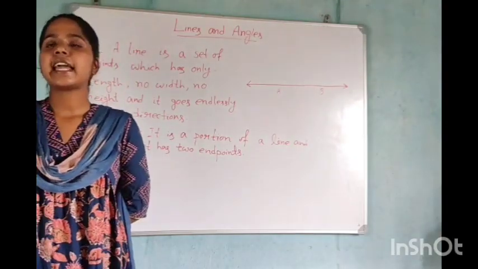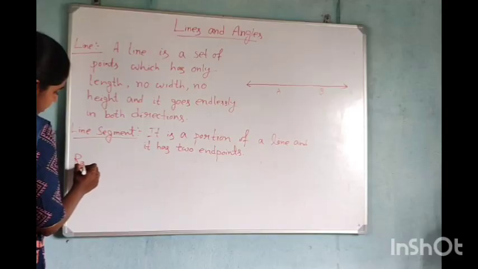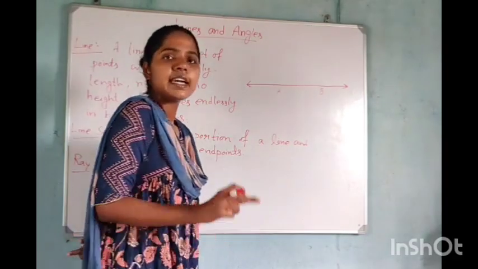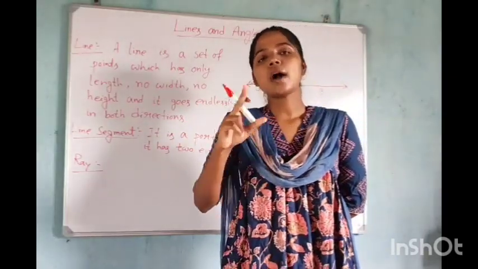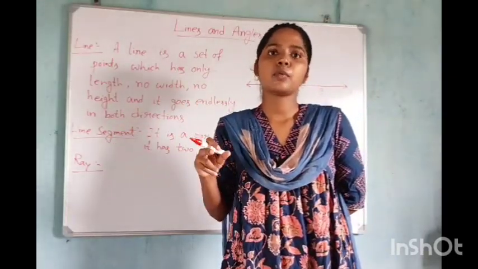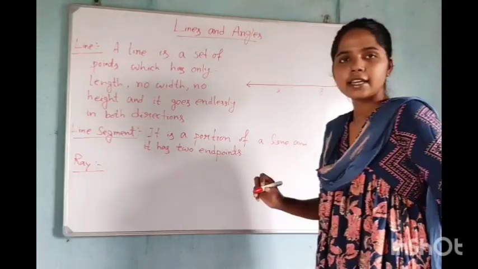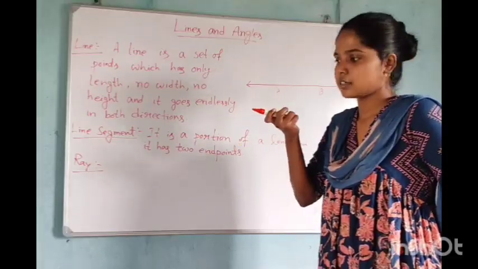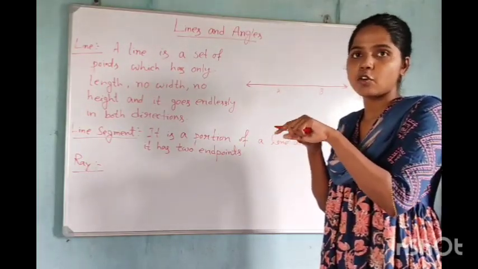Now the next is ray. What is a ray? A ray is also a type of line, but one point is fixed and the other point goes endlessly, like this. Basically, if we switch on a torch, its light is also a ray, like a sun ray or torch ray.